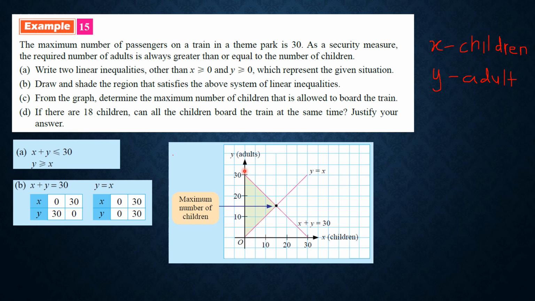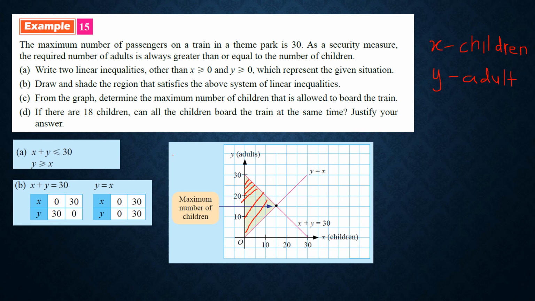After that, you shade the region. For X plus Y less than 30, it is here, and Y should be greater, which is the above part. So this is the region. You just shade it.